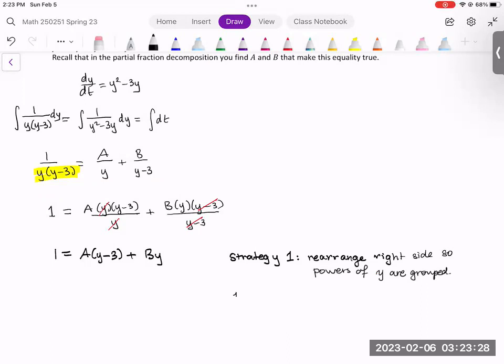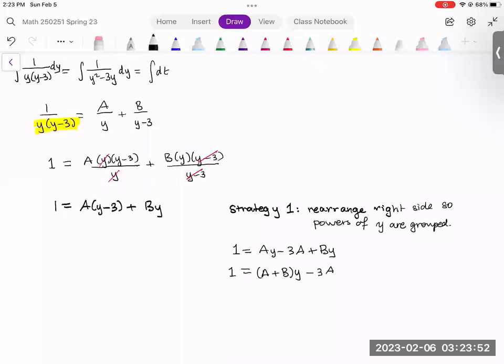So for example, here we have 1 equals ay minus 3a plus by. And we can rearrange this so that we have a plus b times y minus 3a equals 1. And these are supposed to be equal as functions. So this left-hand side is actually 0 times y plus 1. And if we're comparing these polynomials, they have to have equal constant terms. So we end up with an equation that 1 equals negative 3a.